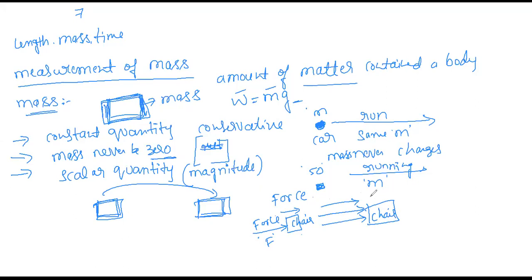We are considering both the magnitude and the direction. Hence force is a vector quantity, but mass is a scalar quantity. It has only magnitude, some mass, but no specified direction.